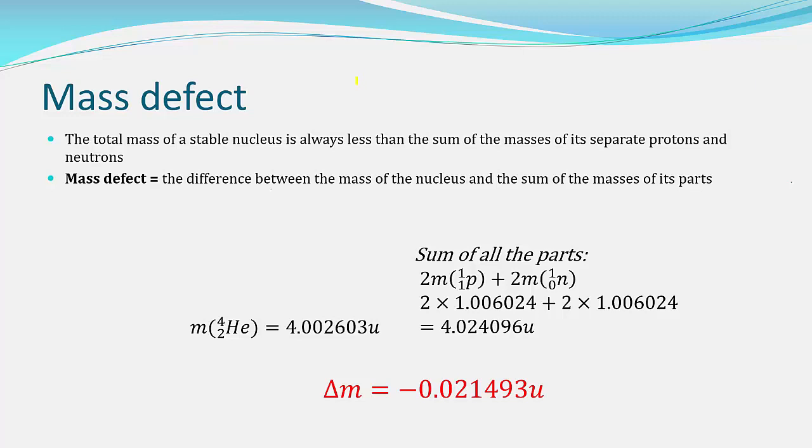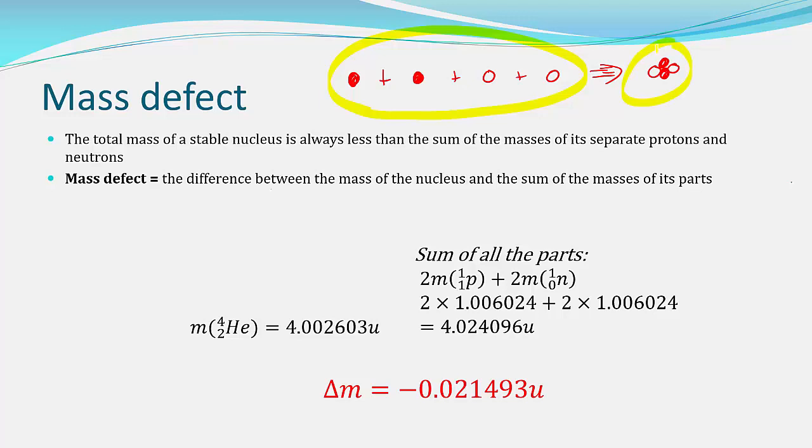So if I was to illustrate that, if I had a proton plus a proton to make helium, and then I add the neutrons, and they are going to make, well, if I was to draw some sort of arrow, a helium nucleus, the mass of these is always going to be more than the mass of this, even though when we look at it, it's the same amount of matter. And we call this the mass defect.